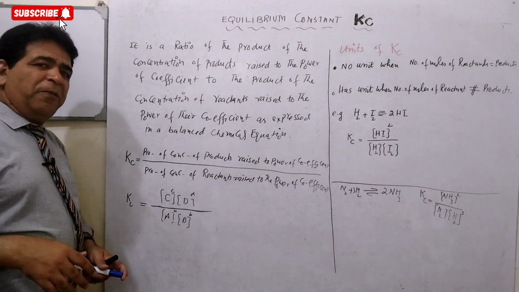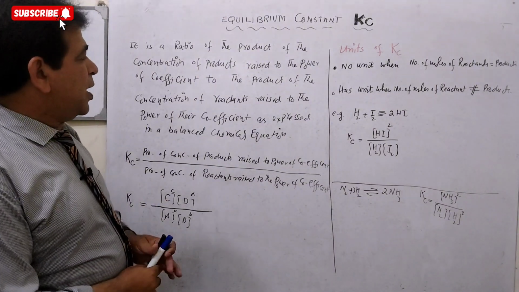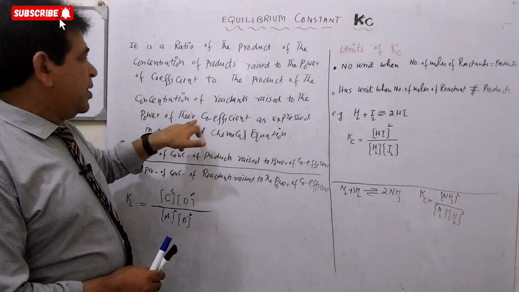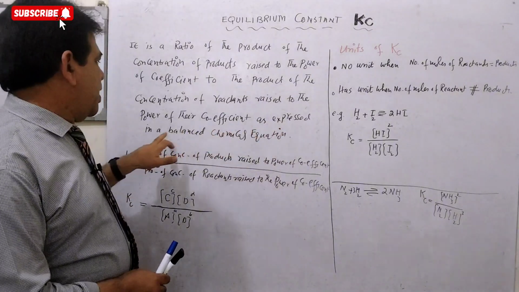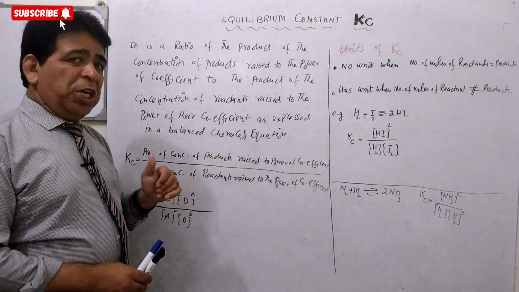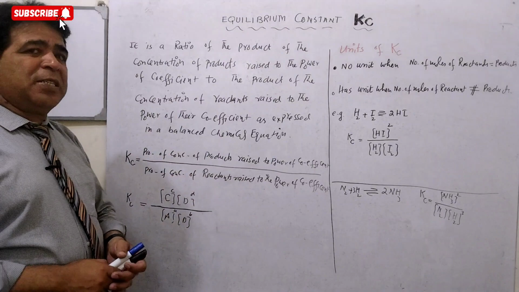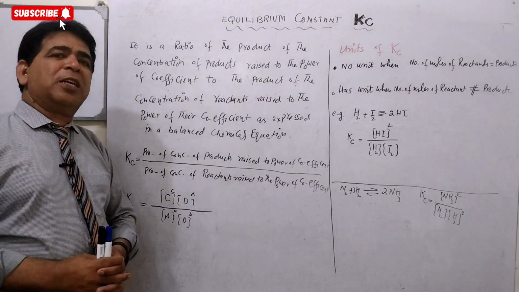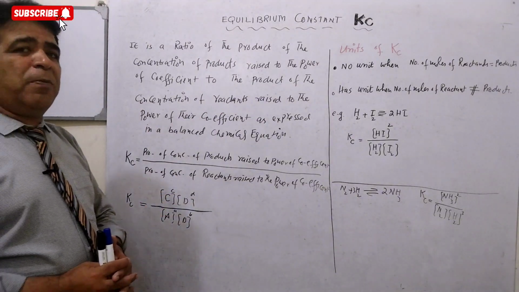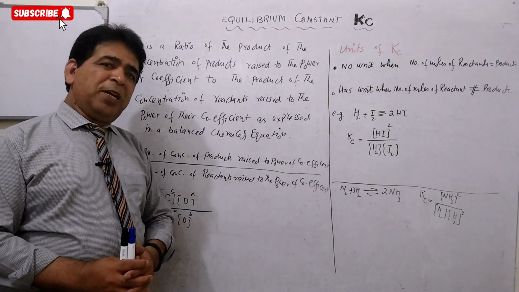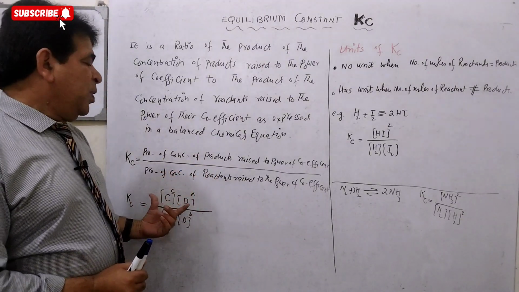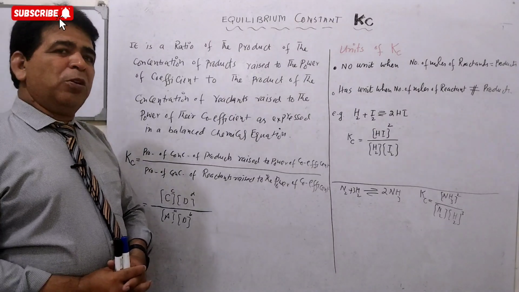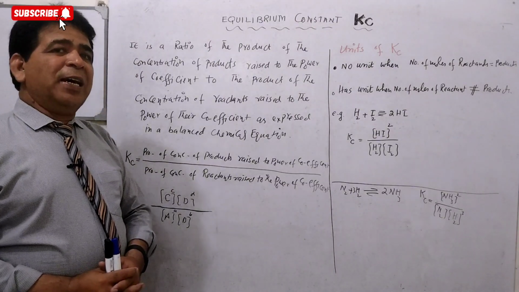The coefficients are taken from the balanced chemical equation, because in the definition we said the powers are their coefficients as expressed in a balanced chemical equation. Remember, when we put numbers like 2 or 3 in a balanced chemical equation, these numbers are known as coefficients, which represent the number of moles of reactants and products, and in the law of mass action these coefficients become the powers of the molar concentrations of products and reactants.